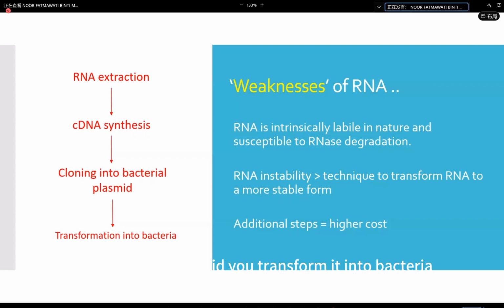Then you transform that plasmid into bacteria. And when your bacteria are dividing, meaning that you are making more of it, you are amplifying your target. So your bacteria now contain the genetic material, the RNA, of that patient. You understand?